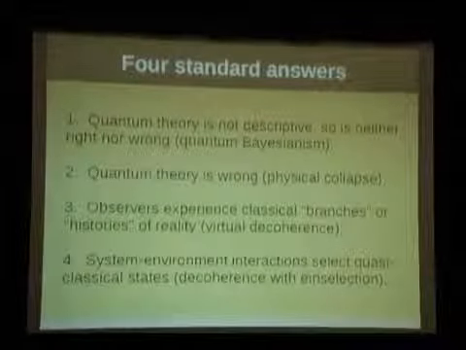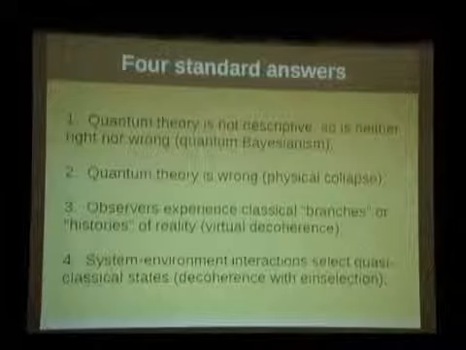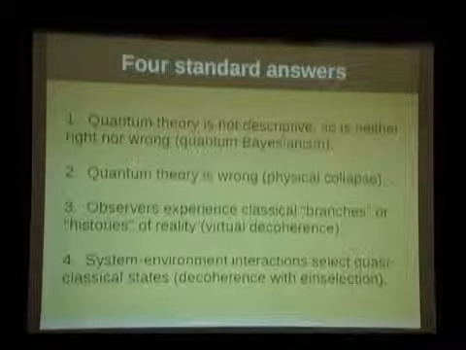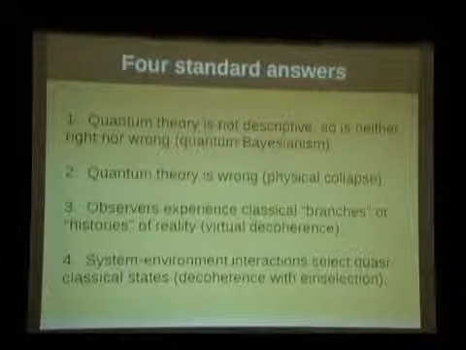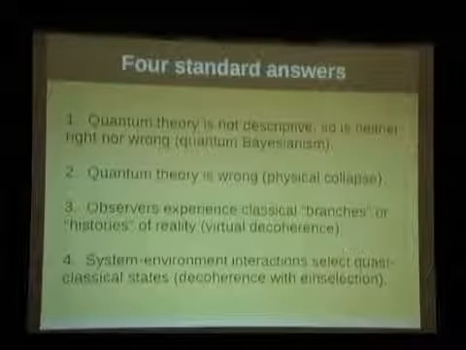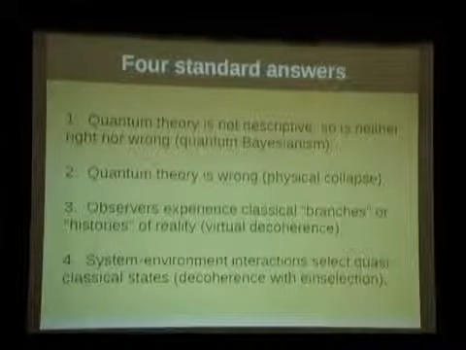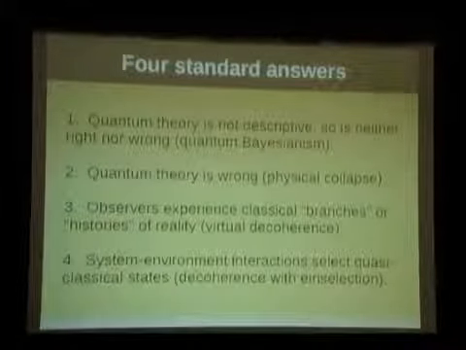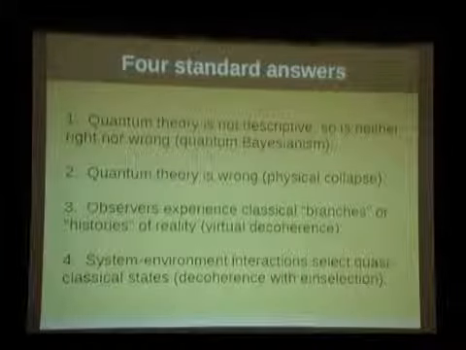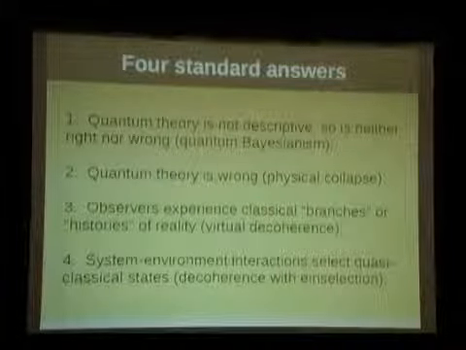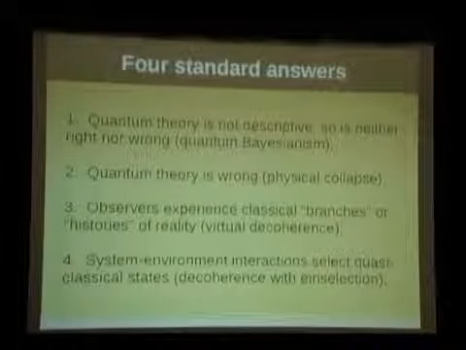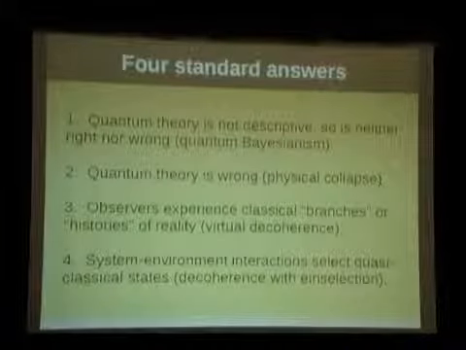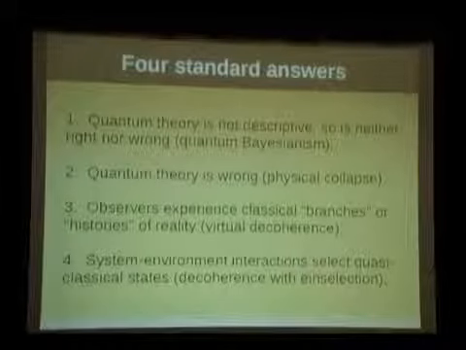And actually, there are lots of passages in both Bohr and Heisenberg that indicate that they considered quantum mechanics in this way, that quantum mechanics was not descriptive, that it was an epistemic theory about our beliefs and how we ought to reason about the world, as opposed to a theory about how the world is. So one can take this sort of epistemic approach to quantum theory, say quantum theory is not a descriptive theory, so it's not true or false. It's useful or maybe not useful, but it's not true or false.